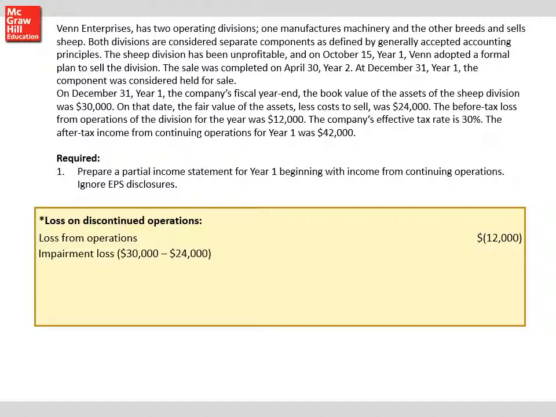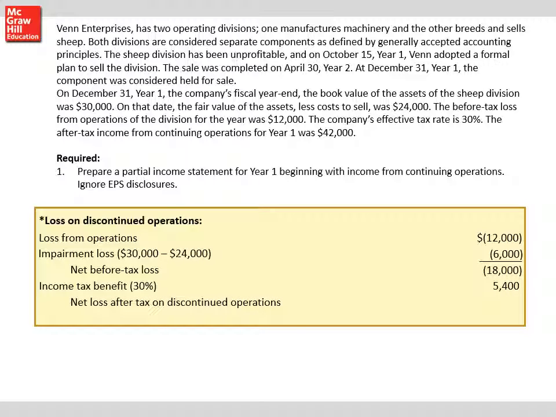So that difference, although we didn't sell it yet, should be recorded as a loss because the fair value is less than the book value or cost. So the total loss on discontinued operation before tax is $18,000. 30% tax savings because you have a loss here. So the actual loss would only be $12,600.